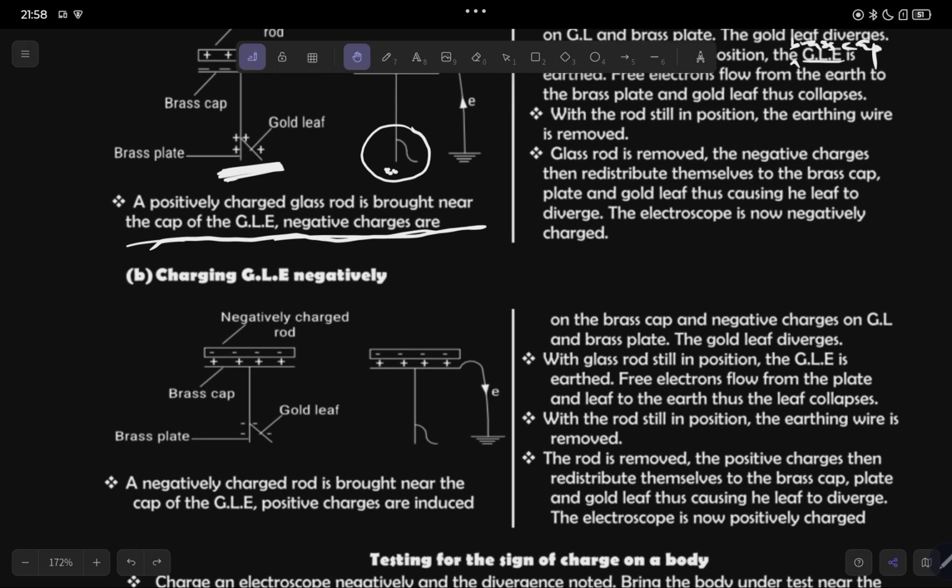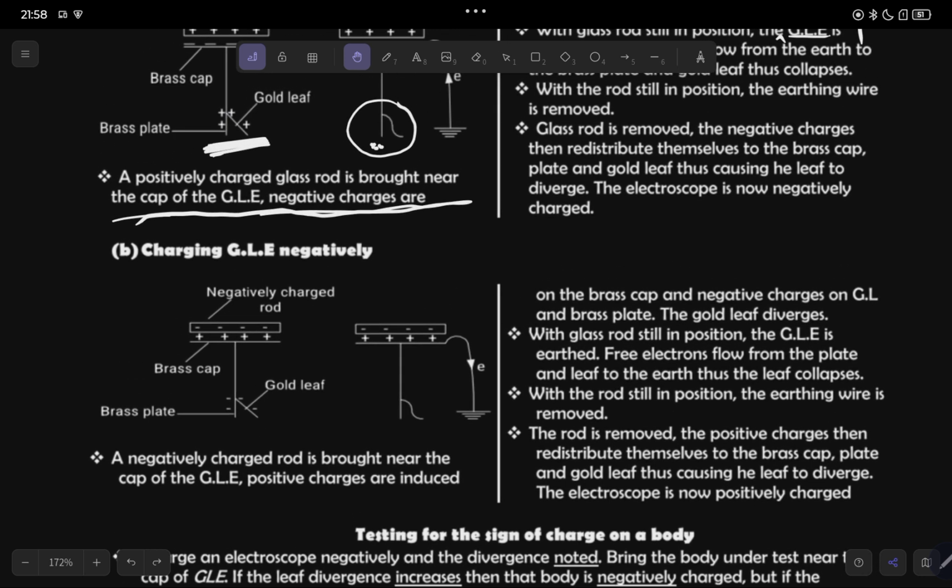What about charging a gold leaf electroscope positively by induction? Remember, if you want to charge a gold leaf electroscope positively, then you're supposed to use a negatively charged rod.